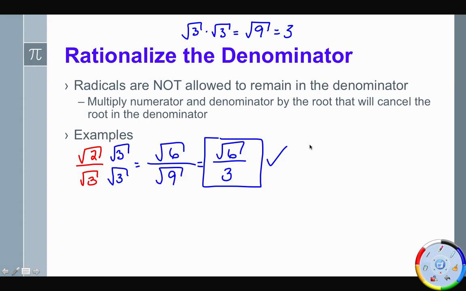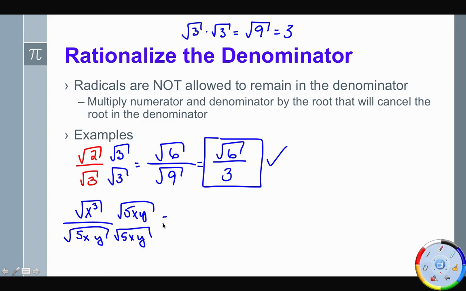Let's look at another one, obviously. Let's take a look at the square root of x to the 3rd over the square root of 5xy. So because we have the square root of 5xy in the bottom, we're going to multiply by the square root of 5xy and the square root of 5xy in the top.